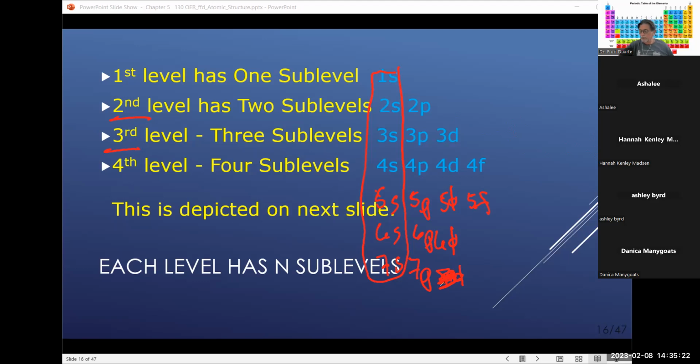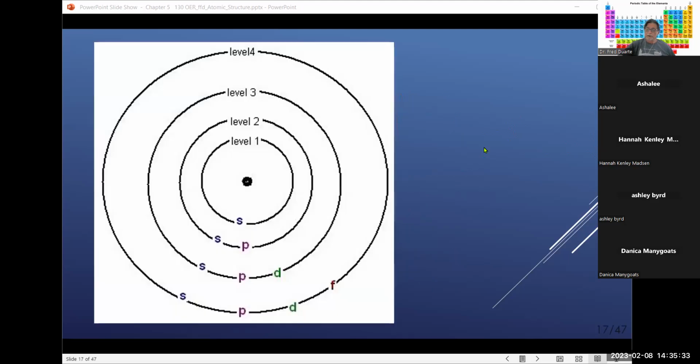Now we're going to talk about each particular orbit. All right, and this here is a diagram that represents two-dimensionally what we're talking about. The first energy level is between hydrogen through helium. The second energy level starts with lithium, goes across all the way to neon.